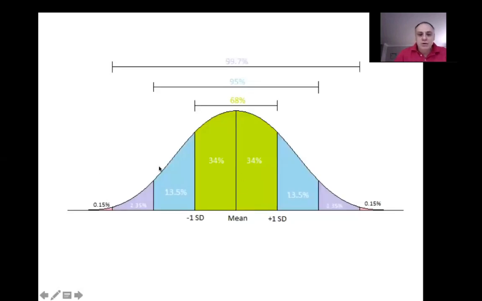So this would be your normal distribution curve. The important thing for you to understand here is that this point in the middle would be your mean. Half the points lie above it, half the points lie below it. That is your mean. We will show you just now how to calculate a standard deviation.